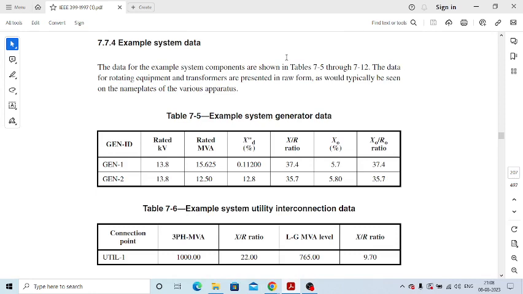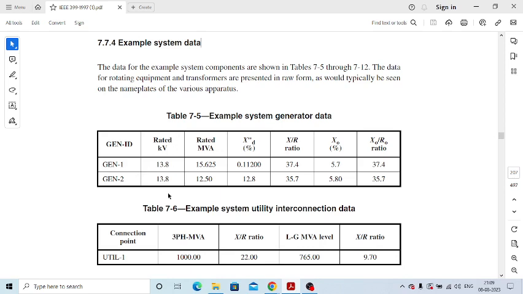So what data do we need for the short circuit study? Here in this 7.7.4 example system data, they have provided the typical data required for the major elements in the power system. This is for the generator.